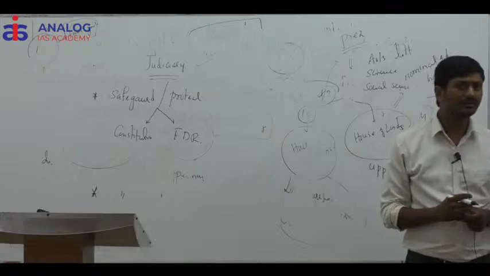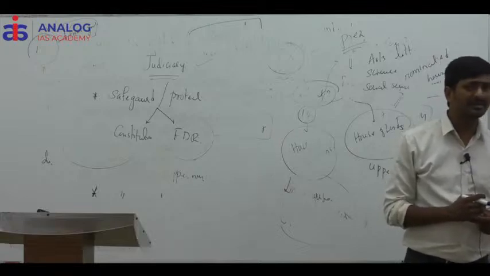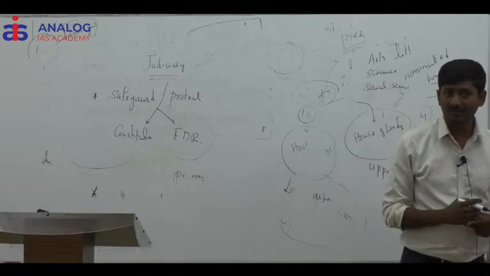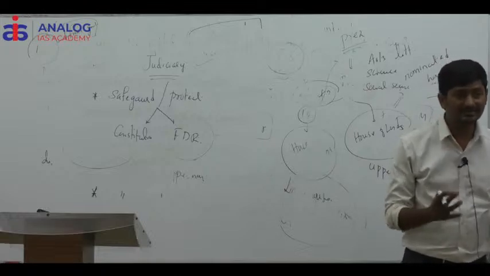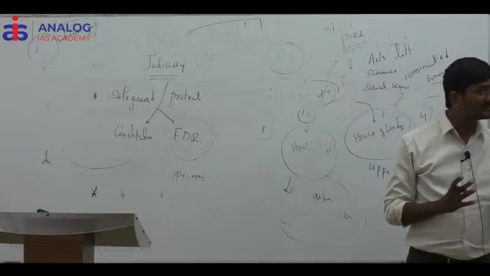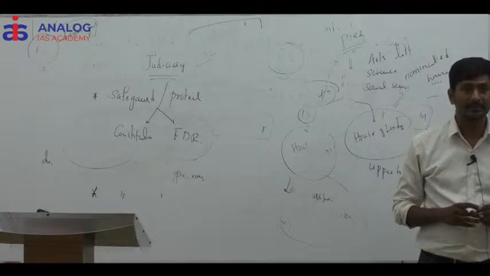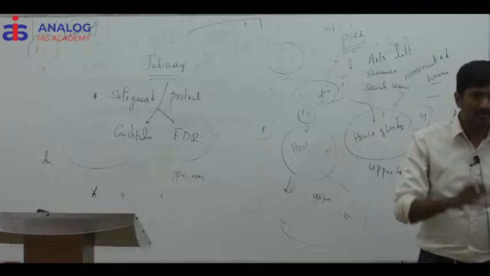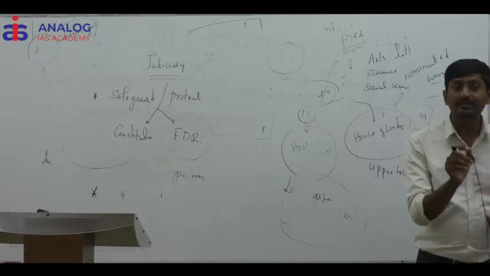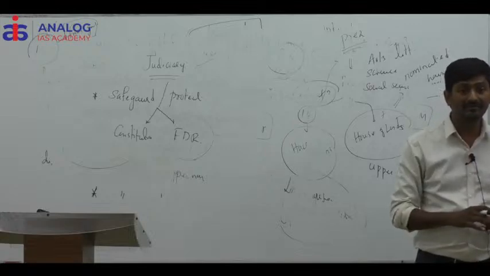If I ask you whether the fundamental rights are gifts given by the constitution, gifts given by the state, or natural rights, what is the right answer? Natural rights. Got my point? This is the way the questions can be asked. These are not gifts given by the constitution or by the state. These are nothing but self-declaration by the people.